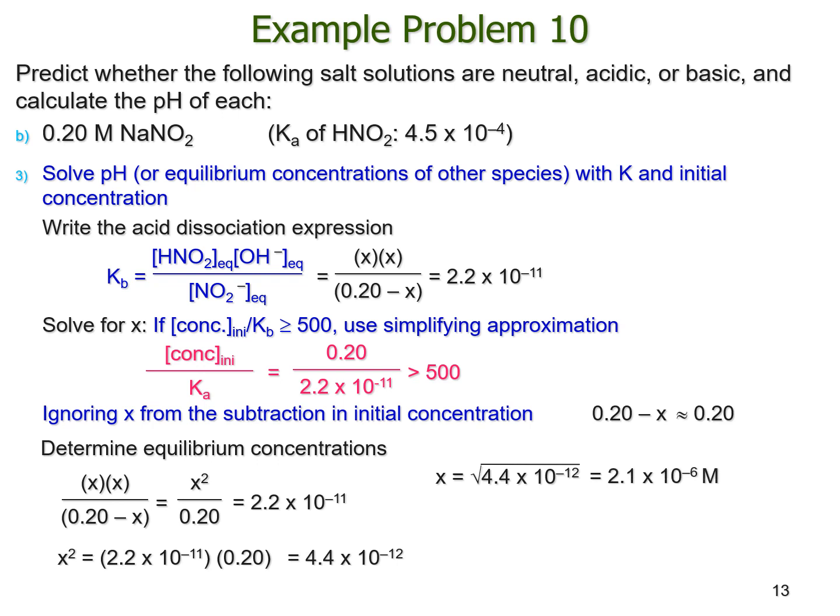So we have X equals 2.1 times 10 to the negative 6 molar. X again stands for OH minus. So we get a pOH. We are not going to get a pH directly. So we get a pOH, and we subtract pOH from 14. So 8.32 is the answer for the pH of this question.